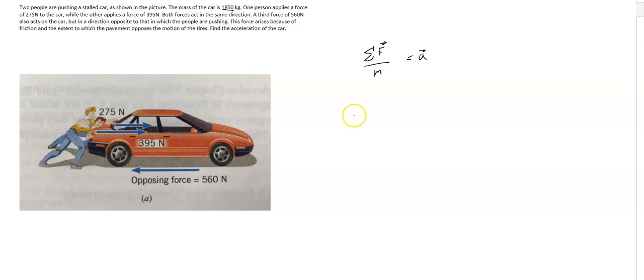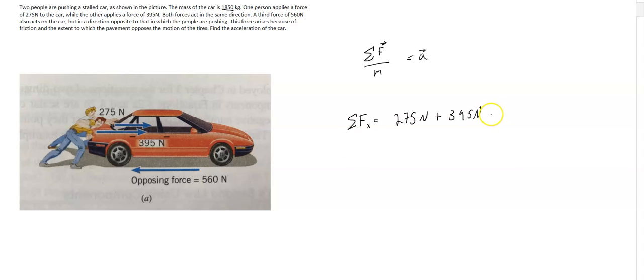So let's go ahead and sum the forces. We're just dealing with one direction right now, which is the x direction. So the sum of the forces in the x direction equals 275 newtons plus 395 newtons.